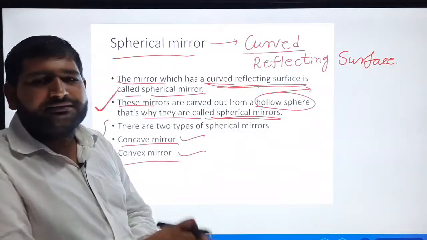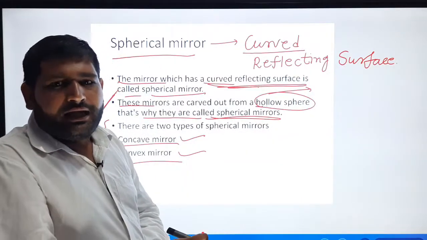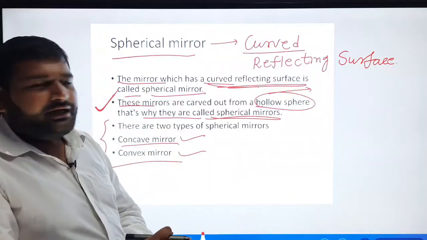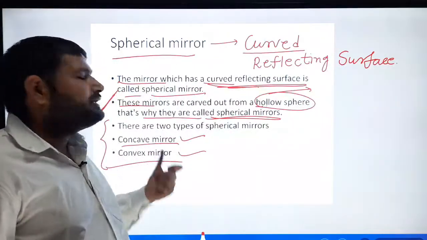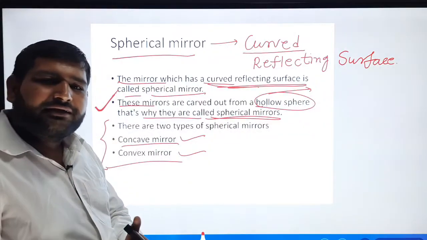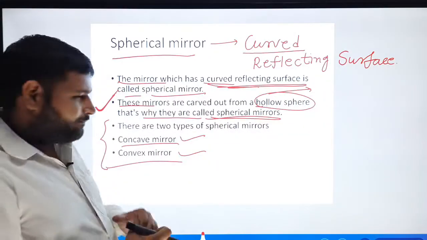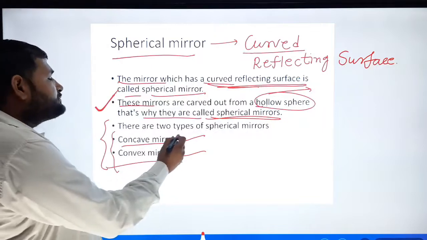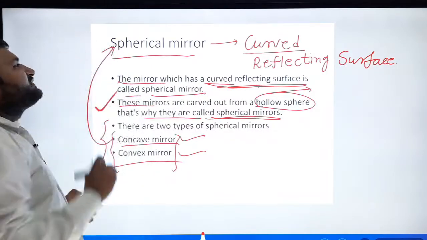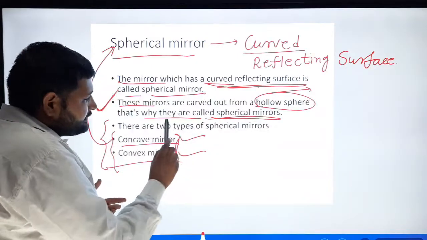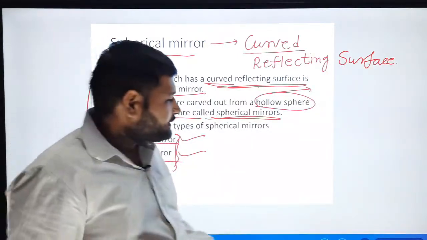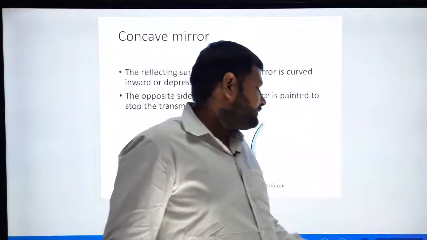That's why these mirrors are called spherical mirrors. And there are two categories in which these spherical mirrors can be classified. First category is concave mirror and the other category is convex mirror. So these two categories belong to spherical mirror. Now we will study these two categories one by one, concave mirror and convex mirror.